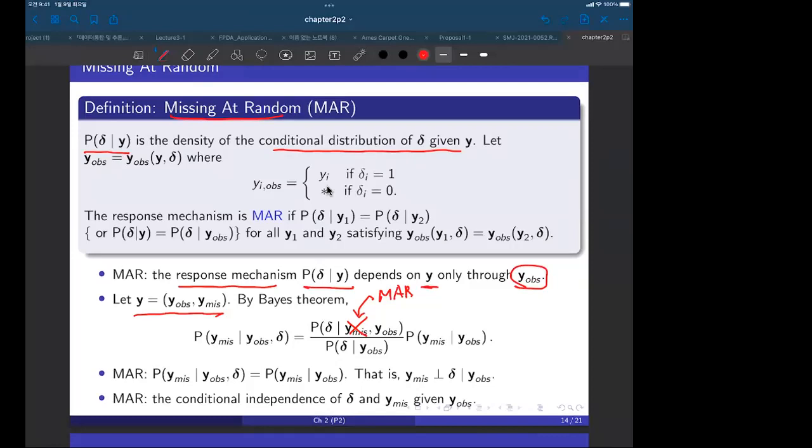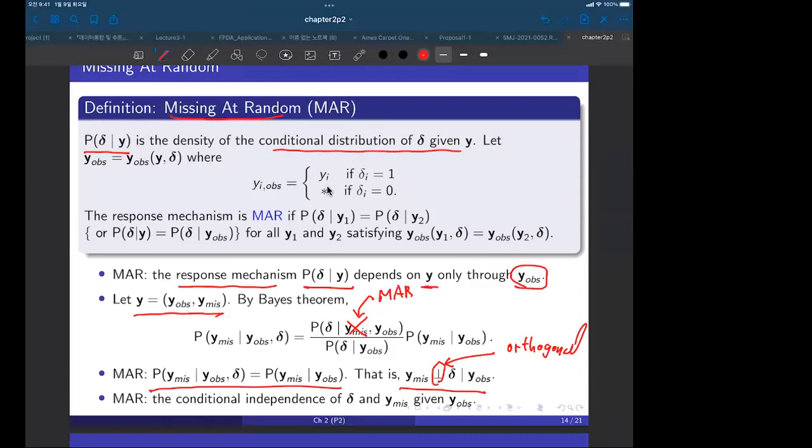So basically, this is another way of saying missing at random. This notation is more like orthogonal, I mean independent.